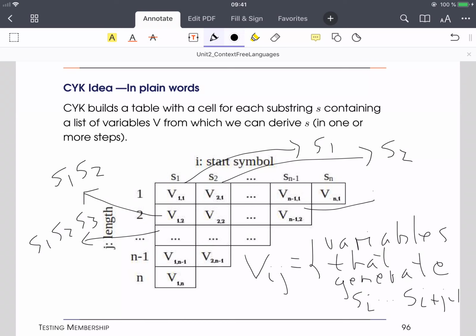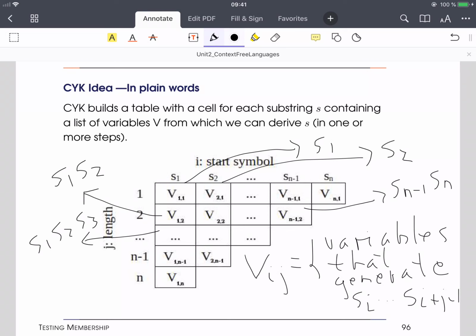Here, for instance, we are in length 2, row 2, and we are in the last but one column, so we write the variables that generate the string that starts with the last but one symbol and has length 2, so they go up to the last symbol of the word.